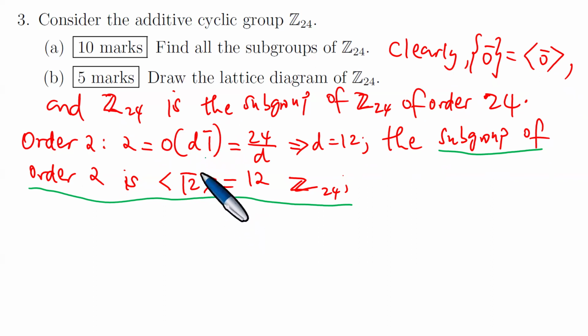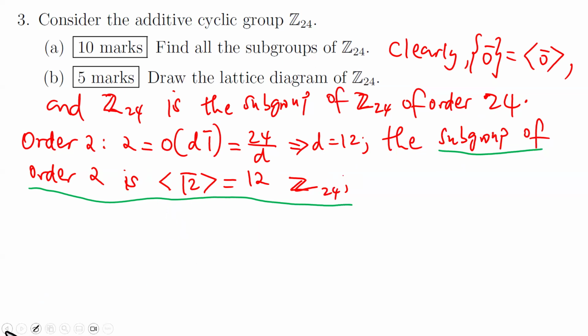So Z24 is a subgroup of itself. Therefore we have a subgroup of order 24.